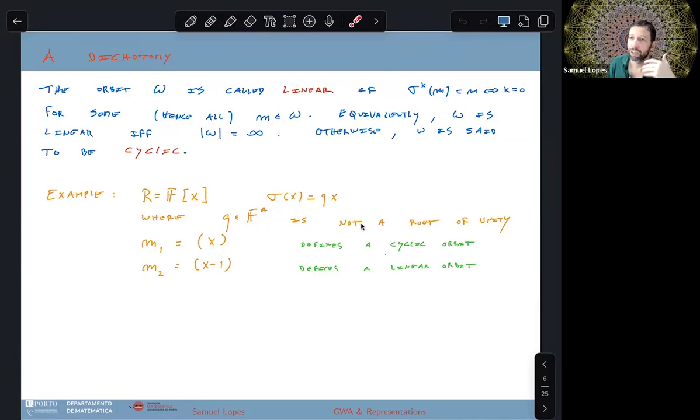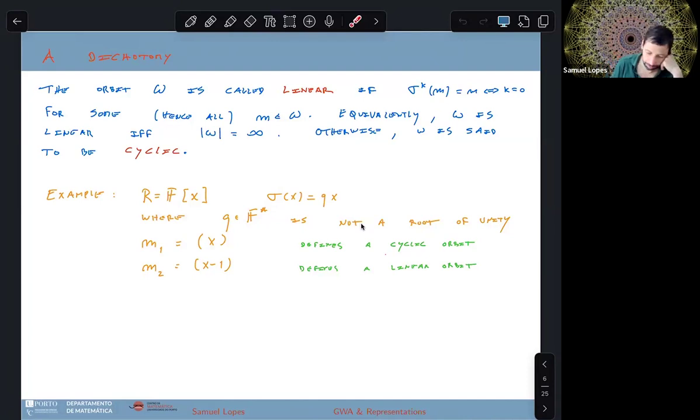Or, an easy way of saying it, a linear orbit is just an infinite orbit. And a cyclic orbit is one which is not linear, which means that it's just a finite orbit. It's an orbit on which sigma to the k of M is equal to M for some non-zero k. With the same automorphism, you can have simultaneously linear and cyclic orbits.